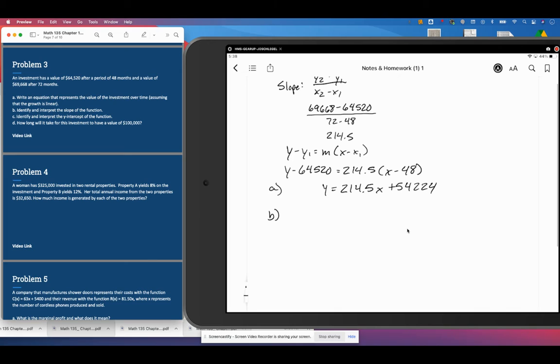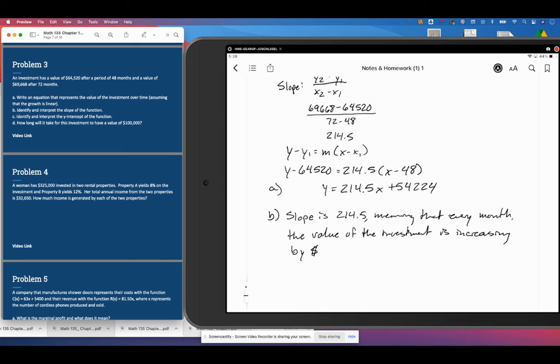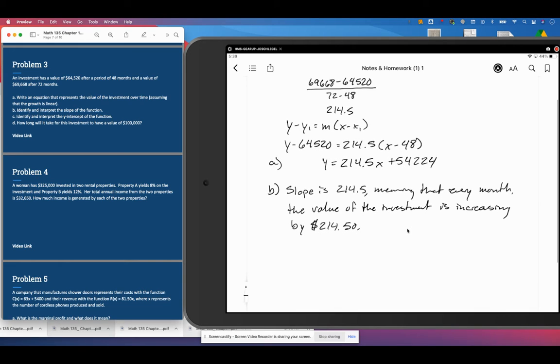So the slope is 214.5, meaning that every month the value of the investment is increasing by $214.50. So that's money this person is making for nothing just because they chose to invest their money.